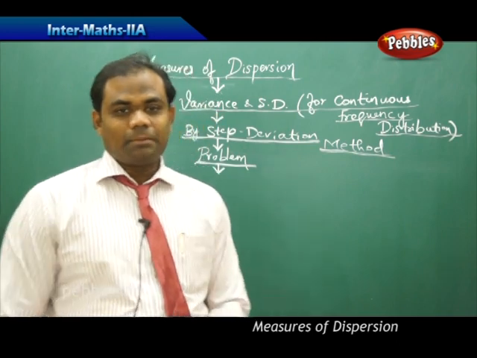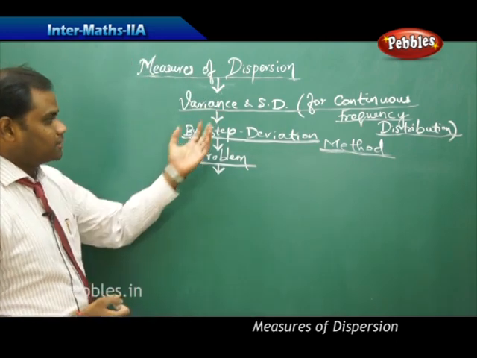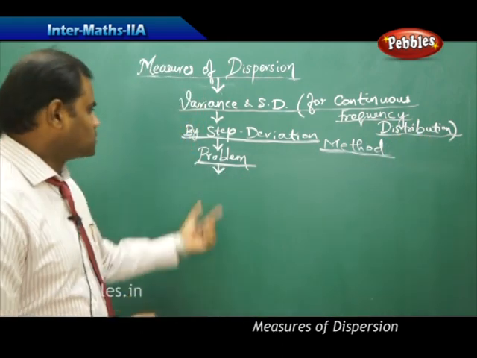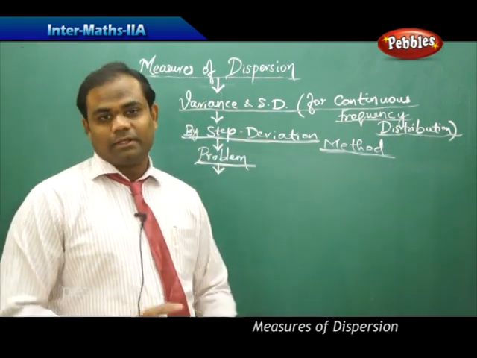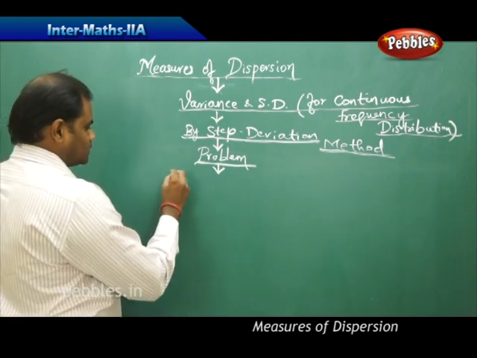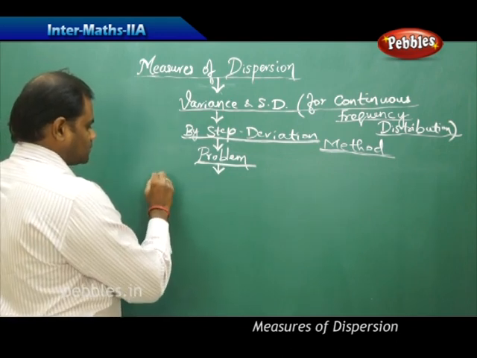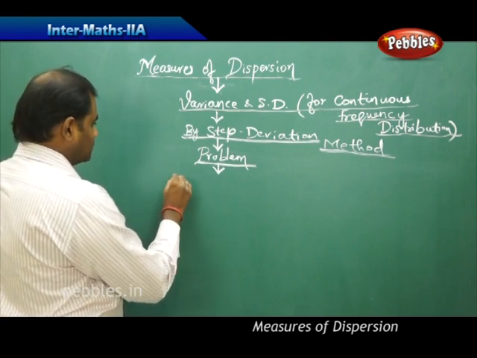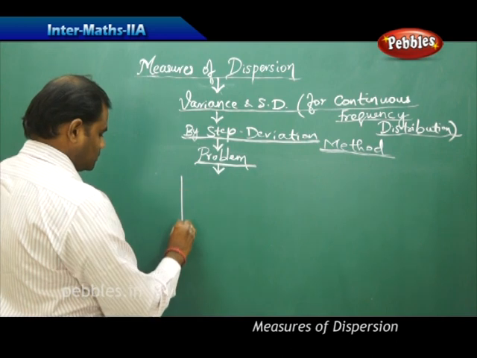Now let's take an example problem where we find the variance and standard deviation for a continuous frequency distribution using the step deviation method. So the question here is that I have to find the variance and standard deviation of the given table.